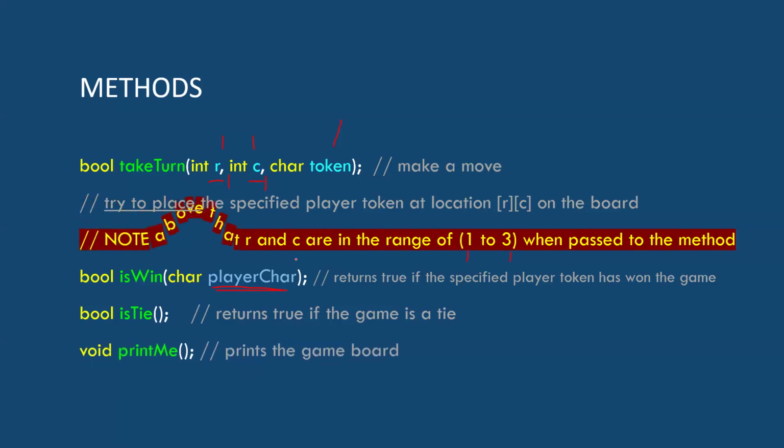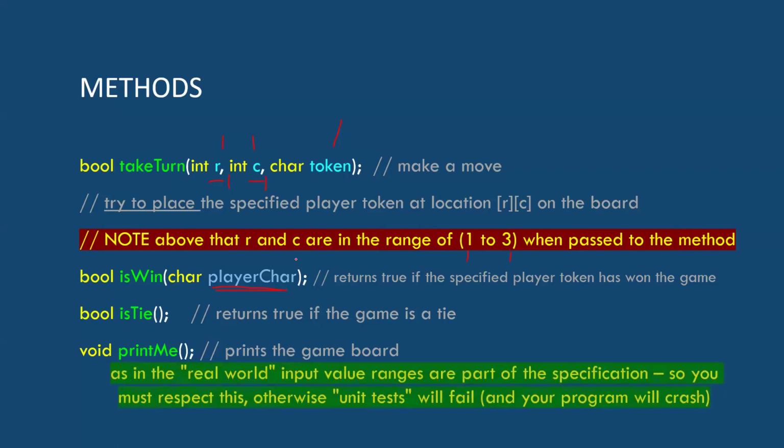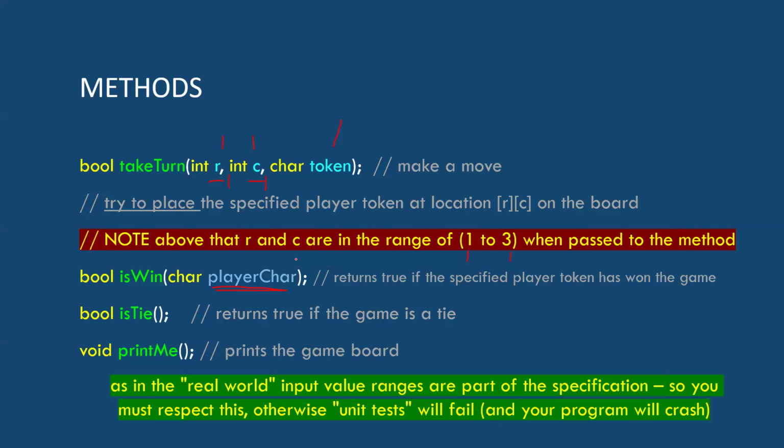Print the game, right? Okay, double check. Happens all the time. And then we get into an argument where I say, well, I know, but the specification says 1 to 3, and so I need you to do the 1 to 3 range, okay? So please keep that in mind. That's really kind of part of the specification, even though like the programming language can't limit the range of legal values for R and C.